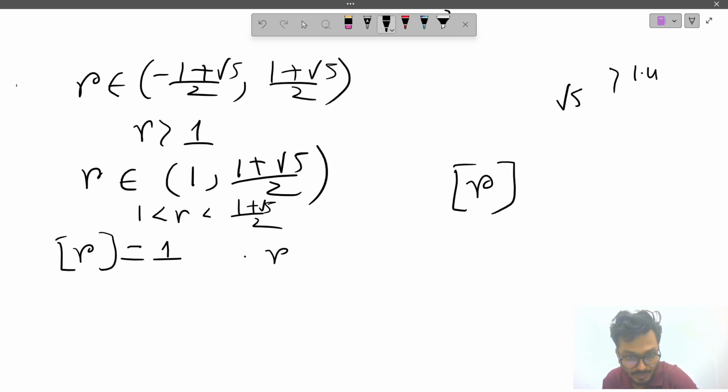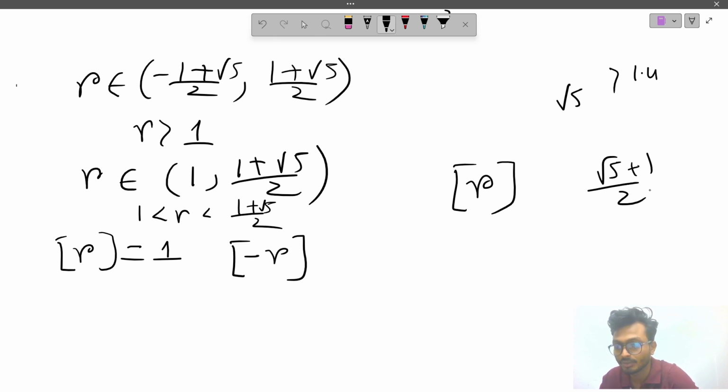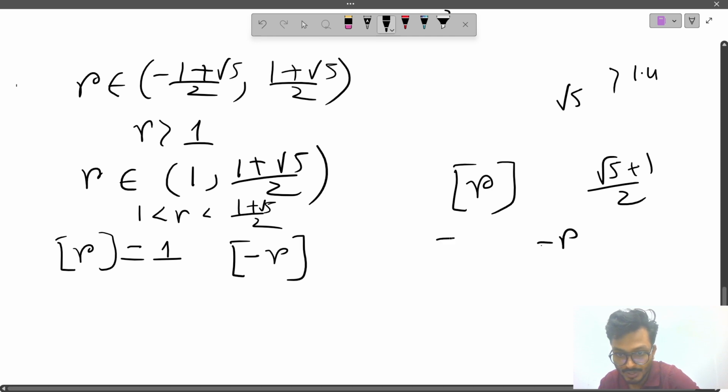And if we take the negative, what will be (√5 + 1)/2? It is 1 point something, so for minus r it will be minus 1.61 something like this.